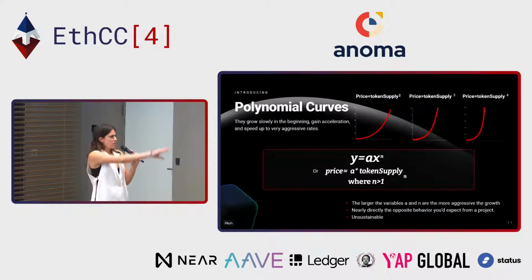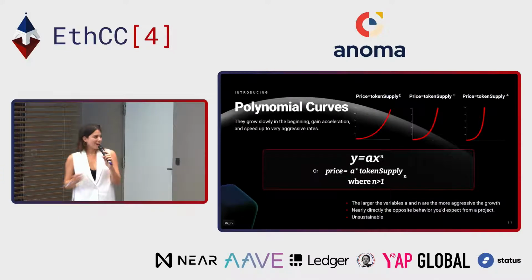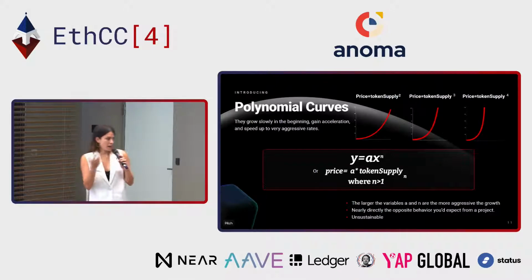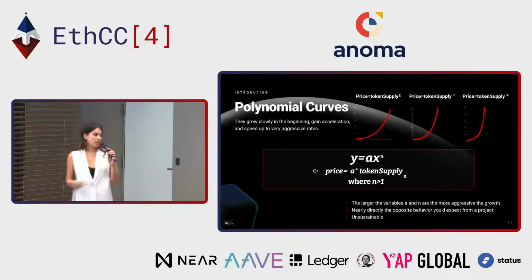And this can be defined by this equation here, which you can read. I'm not going to speak it out, but basically the larger the A and N variables are, the more aggressive the growth will be. And as I said, it's nearly the direct opposite behavior that you'd expect from a project.